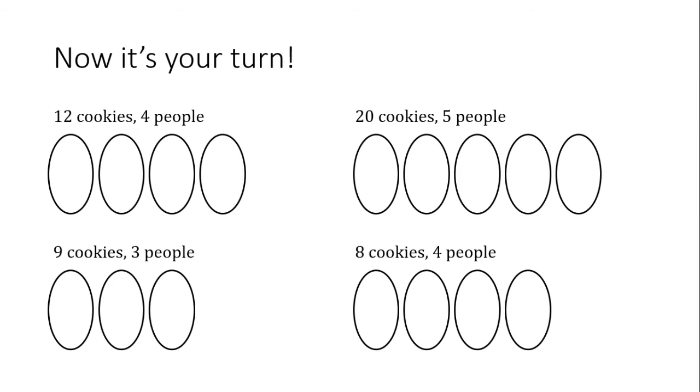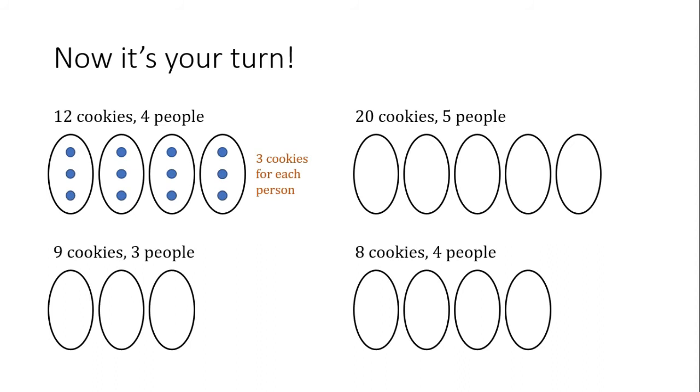Okay, let's check your answers. Starting in the top left, how can you share 12 cookies between 4 people? Well, you would split them up something like that. And as you can see, I've split up the 12 cookies equally between the 4 people so that each person gets 3 cookies. In the top right, you have 20 cookies shared between 5 people.